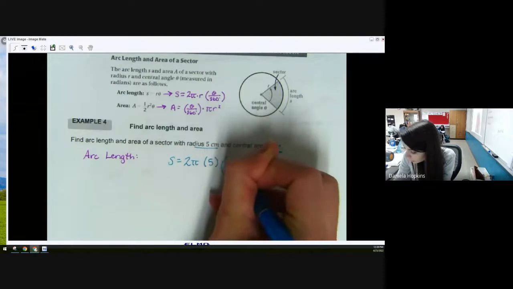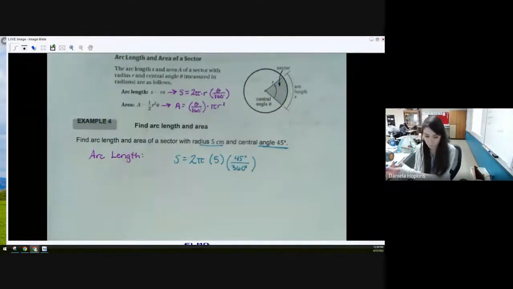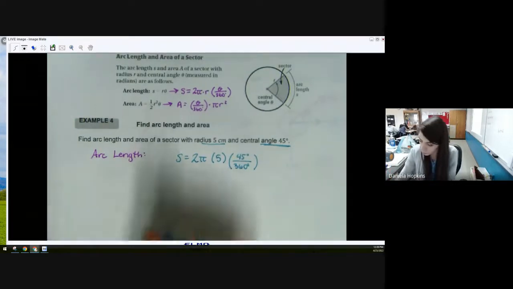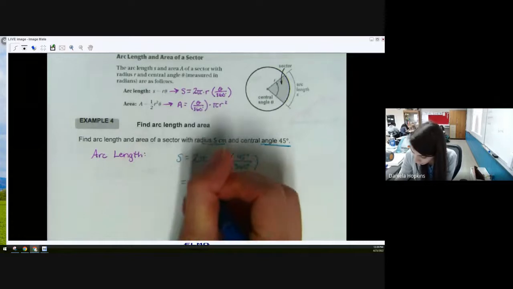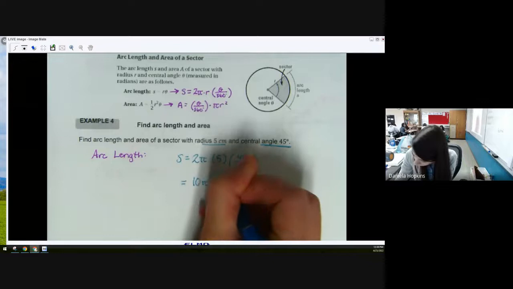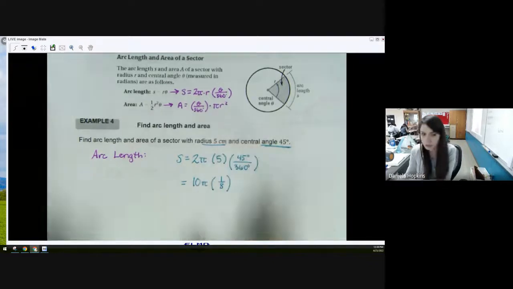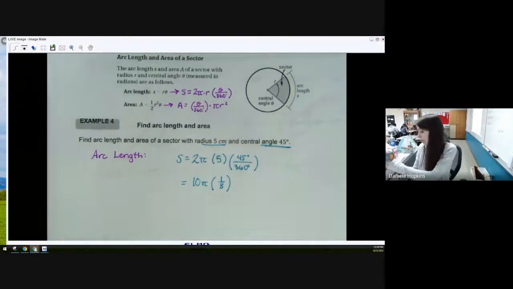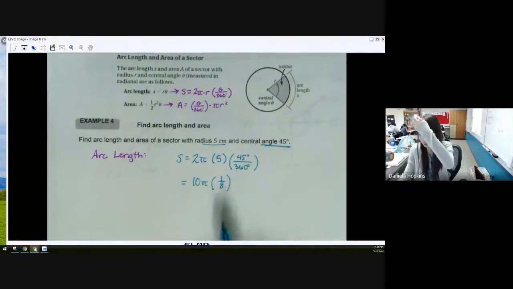This gives me the proportion of my slice of circle. So this is the proportion my sector takes up of the full circle. Just to reduce, you end up with 10 pi times 1/8 of the circle. Basically my circle is cut into eighths and I have 1/8, and that's from the 45 over 360.